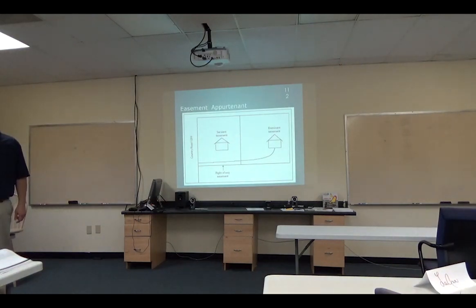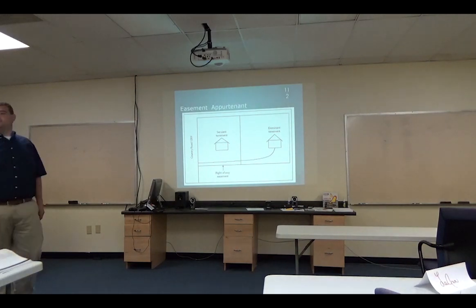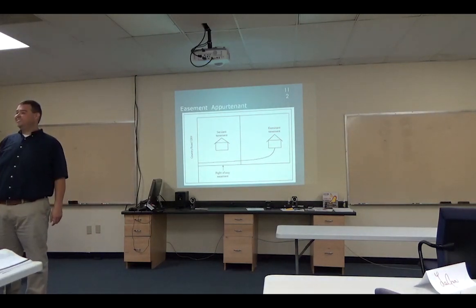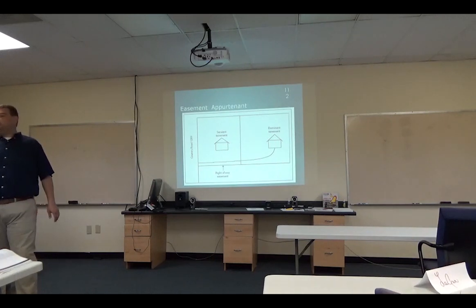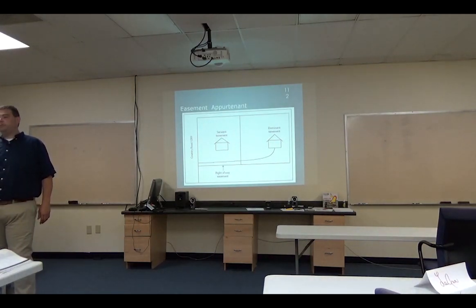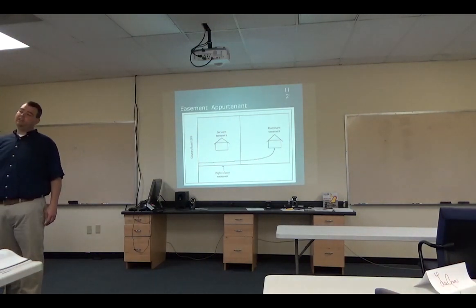Does that make sense for everybody? Now, who has to maintain this portion of the driveway? The servient does. Not only do they have to give up use of their property, they have to do the maintenance on that shared piece of property as well. So it's definitely an interesting dynamic at play.